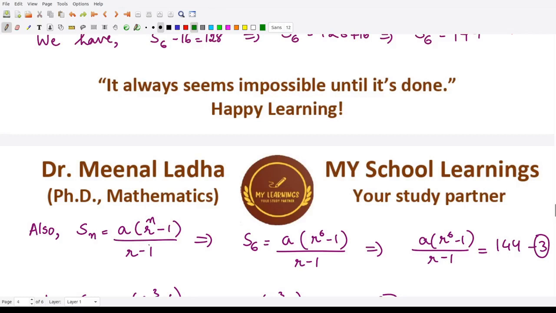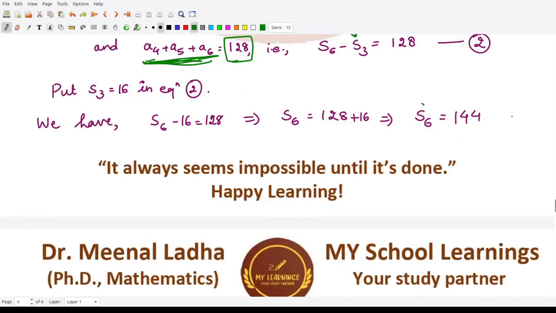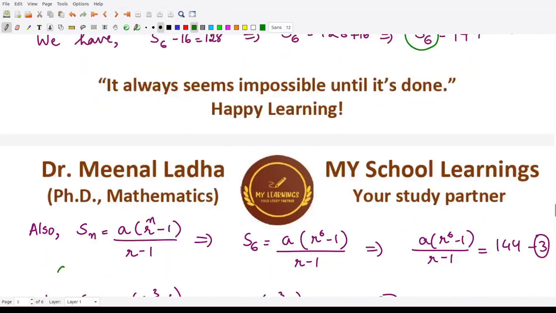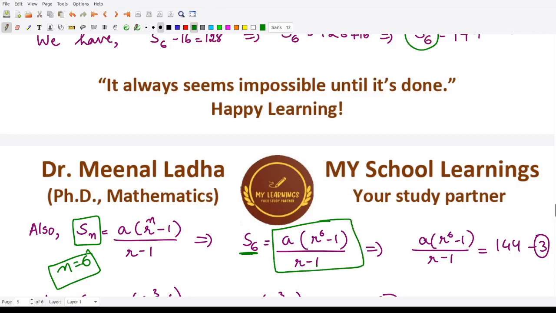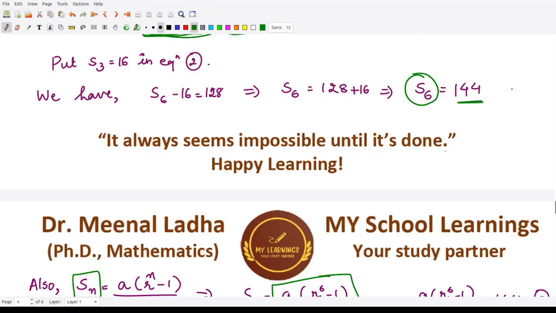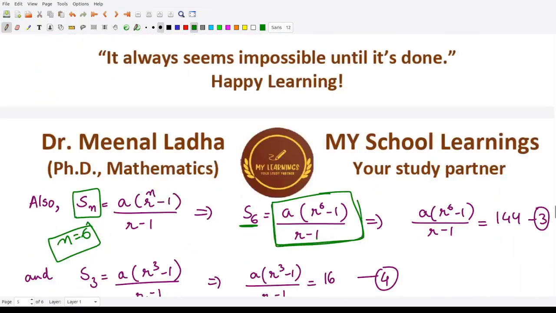So here, because S6 is known to us, we can substitute the value of n as equal to 6, so that S6 is equal to a(r^6 - 1)/(r - 1), substituting n is equal to 6, right? Because the value of S6 is 144, the value of this thing also becomes 144. So let's mark this as equation number 3.